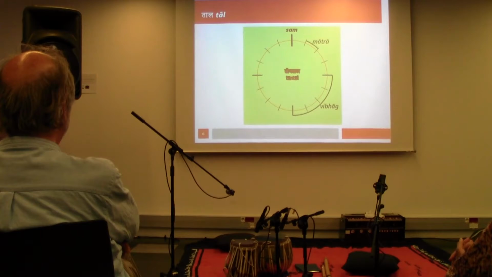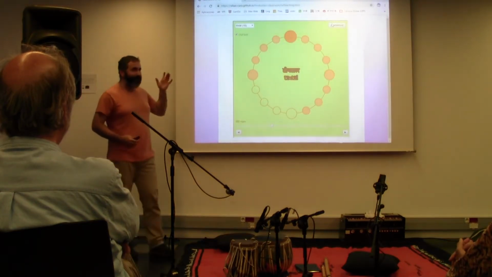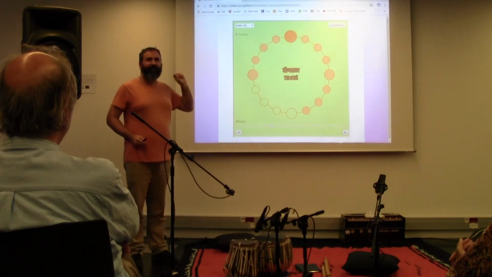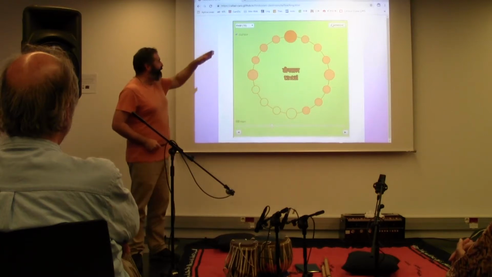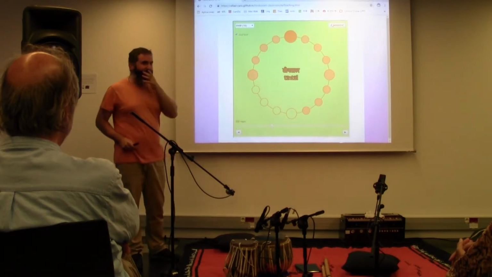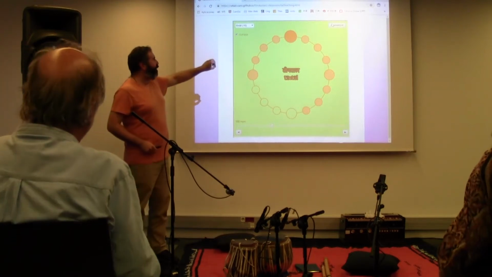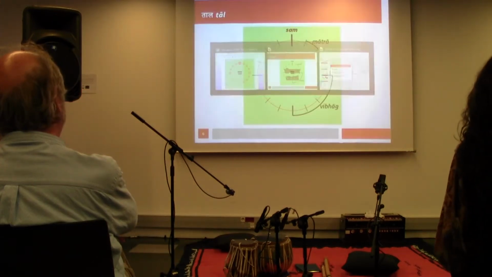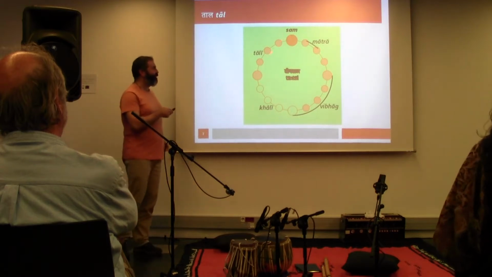So, more interestingly, and this is when tal becomes really interesting, these groups have different qualities. You see here, I changed the lines to circles to show these 2 different qualities. When the circle is filled, we call that vibhag a tali.